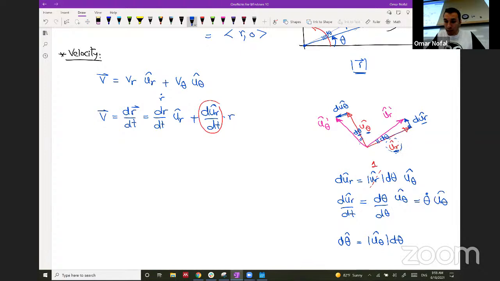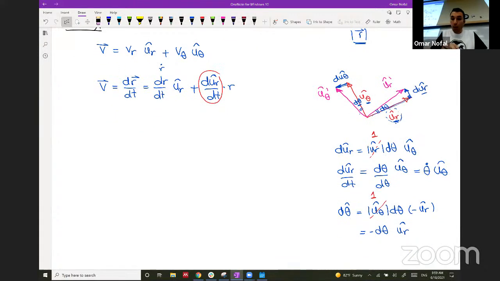So this is going this way, but ur hat is going this way. So it will be in the negative direction of the ur hat. And the magnitude of this unit vector is equal to 1. And you finally will end up with d theta in the negative ur hat direction.